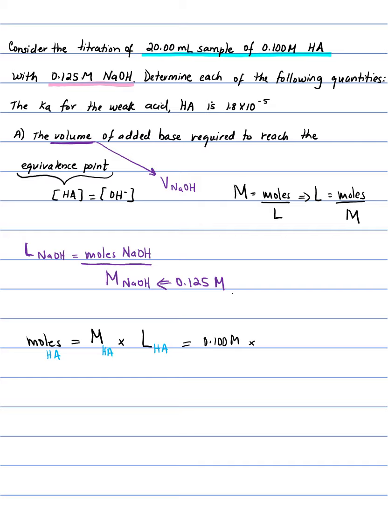So 20 divided by 1,000 will give you 0.02, and that should be liters. So when you do your molarity times your volume in liters, and both numbers correspond to the acid, concentration of your acid, volume of the acid, that will give you the number of moles of the acid, which is 0.002.